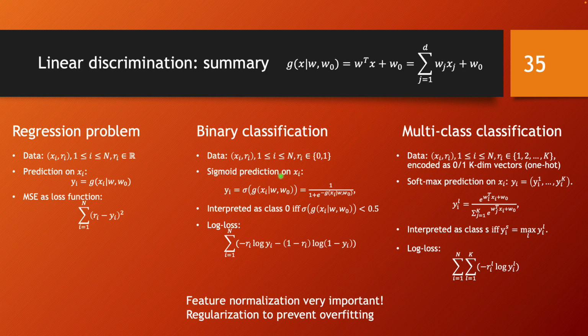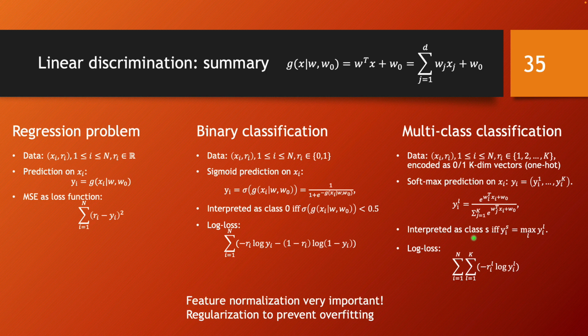So for binary classification, what you do is you take the value of this linear discriminator and you are trying to switch it to a value in the 0-1 interval, and you do that by applying the sigmoid function. And then you use a threshold, for example, threshold 0.5, and if the value of the sigmoid function is under the threshold, then you interpret that as a prediction that your data point is in class 0 and it's in class 1 otherwise.